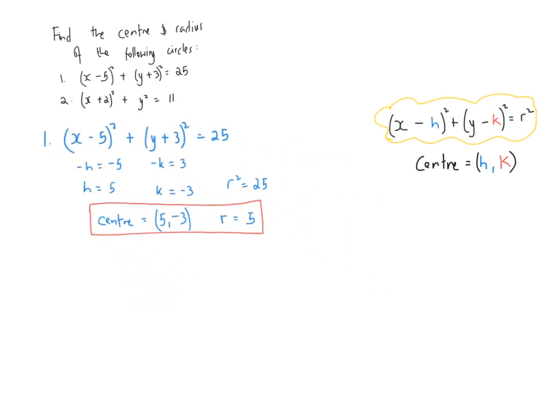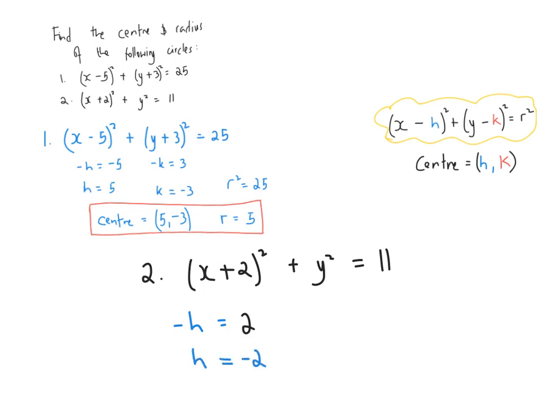Okay, and question 2, we are given the equation x plus 2, all to be squared, plus y squared is equal to 11. So here, well, I know minus h is equal to 2. So that means h will be equal to minus 2. Here I'm going to have minus k is equal to, well, there's nothing here to be added or taken away from y, so I know it must be 0.